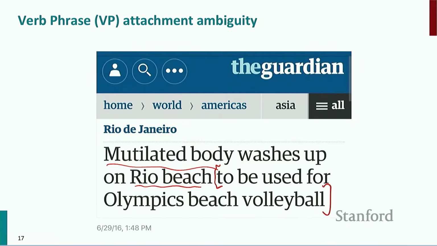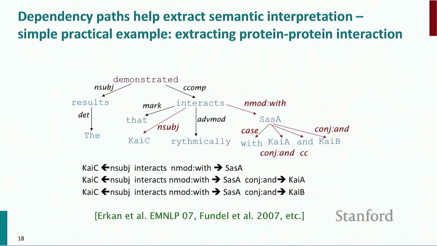We also use it in lots of mundane, practical ways when we're building various kinds of natural language processing systems. A thing that people often do in practical systems is that they want to get out facts of various kinds. For people who do bioinformatics, they commonly want to get out things like protein-protein interaction facts.